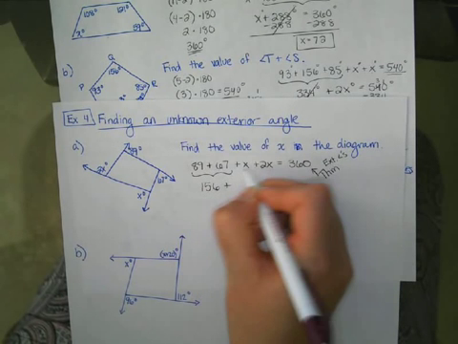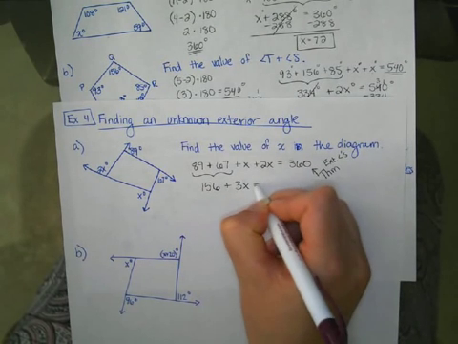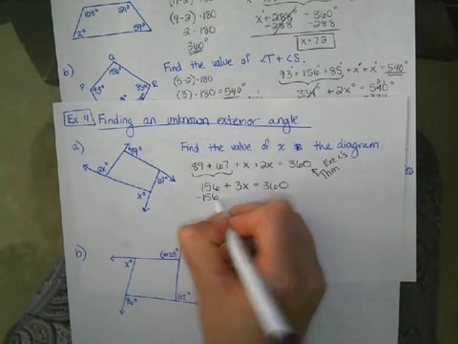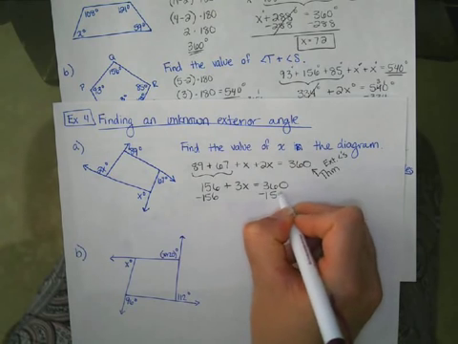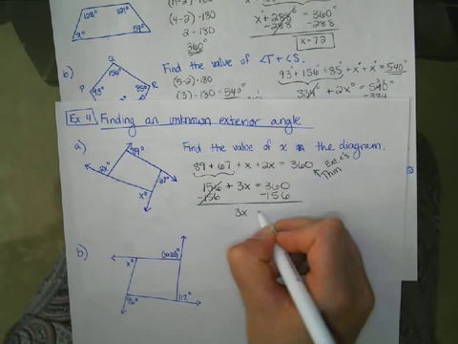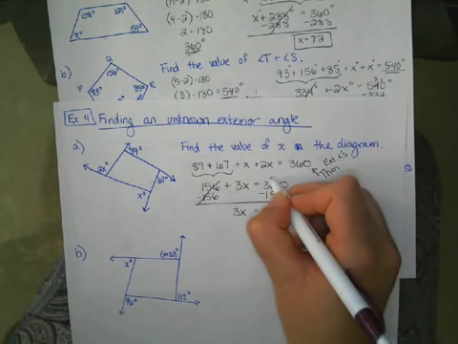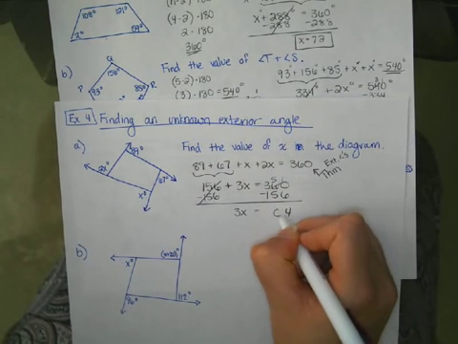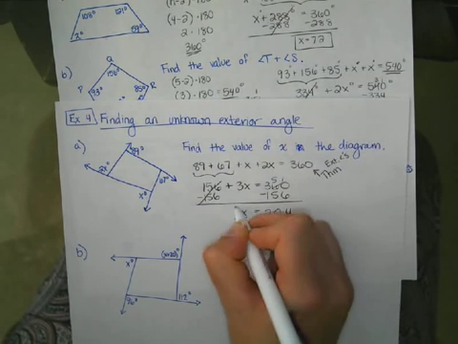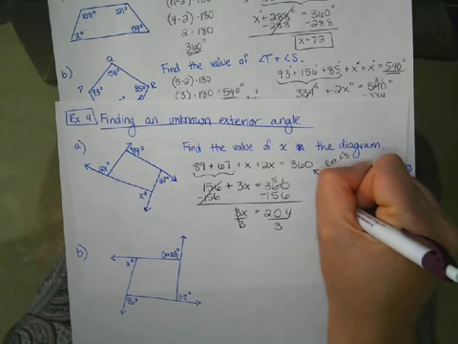Divide this by 3. And x is equal to, well, I'm going to have to do it by hand. I don't have a calculator. 3 times 6 is 18. 4, 68. So x equals 68. What's my question asking? Excellent. It says find the value of x. And there you go. Okay, last one.